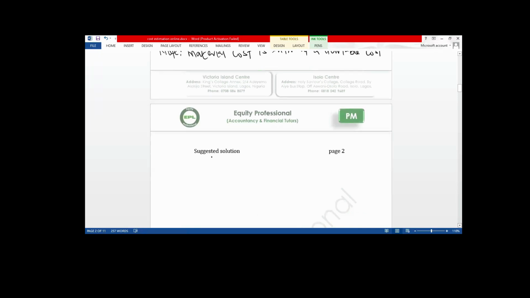When you are done with the first cost, material cost, you move to labor cost. You must test for cost behavior. Direct labor cost.